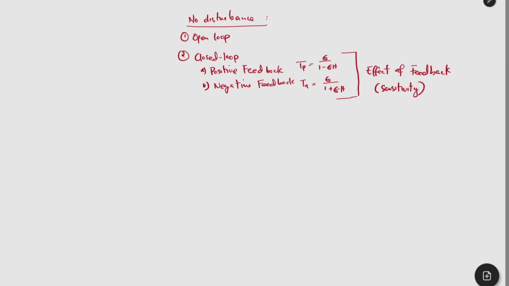To recap our video, we have the system with R of S, which is the input to the system, and we have a comparator, and we have G of S, which is the gain of a controller plus the actuator in the S domain, and we have the output C of S, and H of S, which represents the feedback of the closed loop control system.